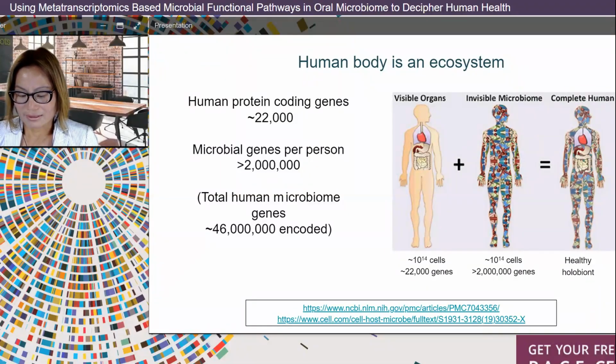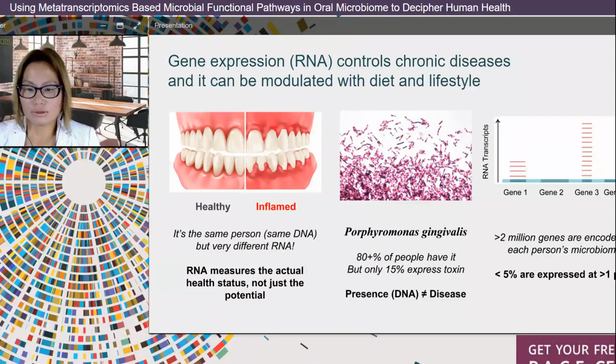So we want to treat both sides nicely and keep a balanced human microbiome interaction. If it's out of balance, then we probably will be in a little bit of trouble. So, how do we keep it in balance?